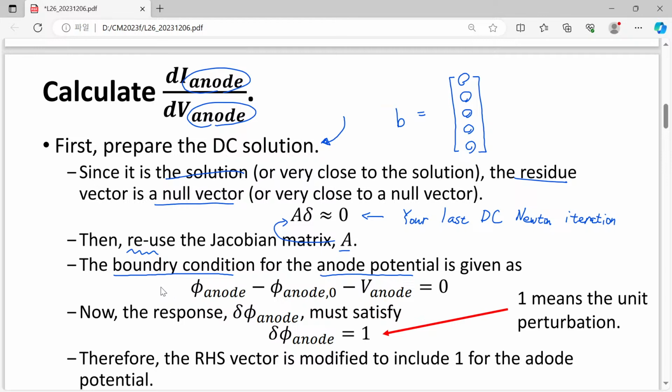Please note that this is the general form of our boundary condition.